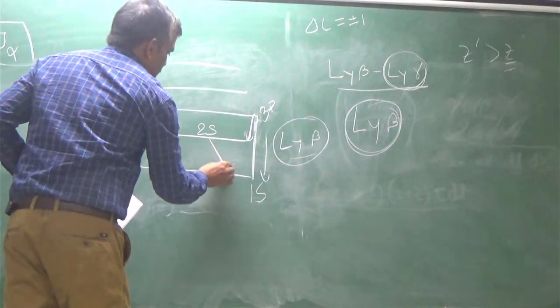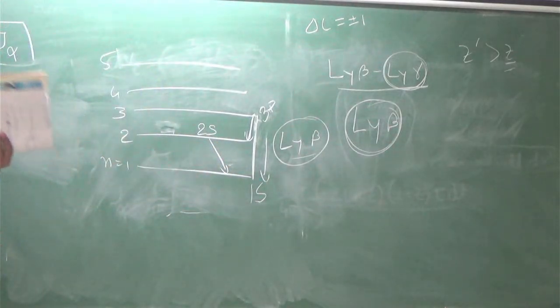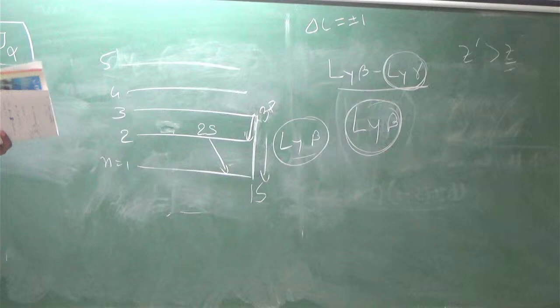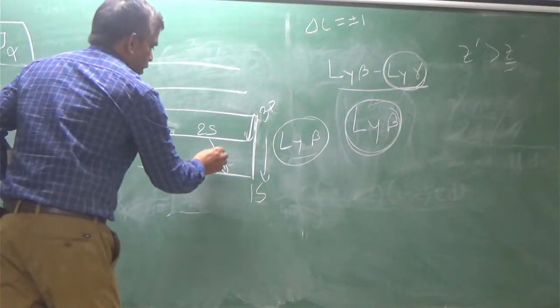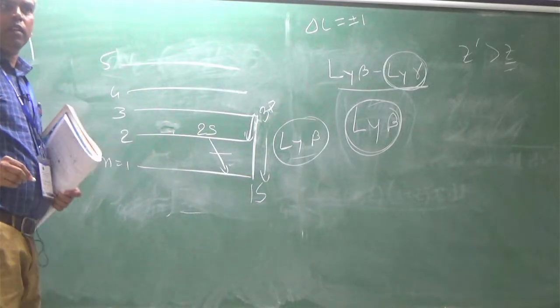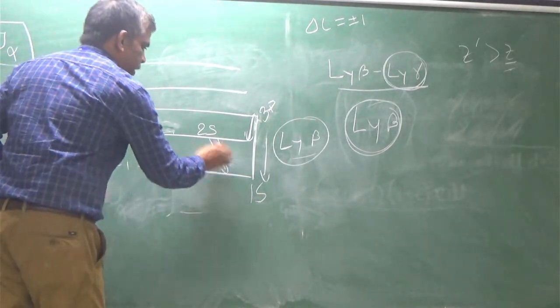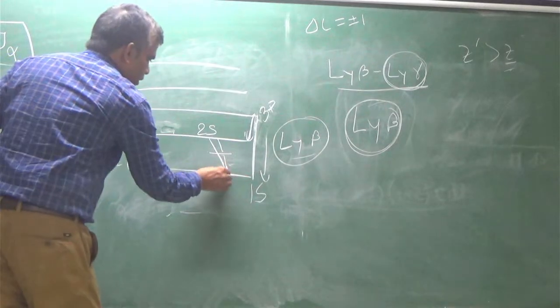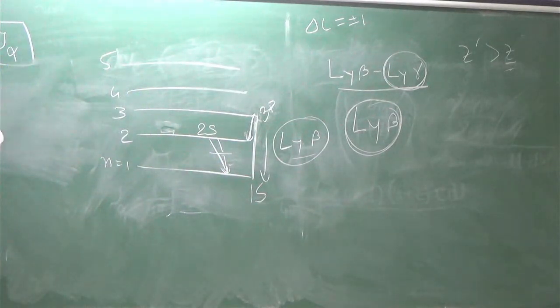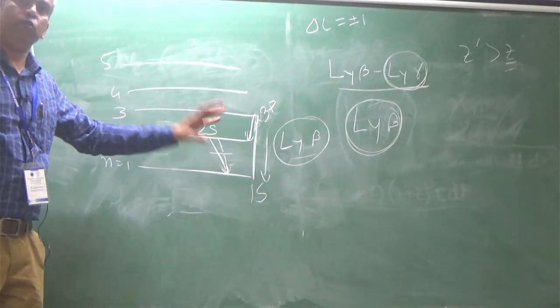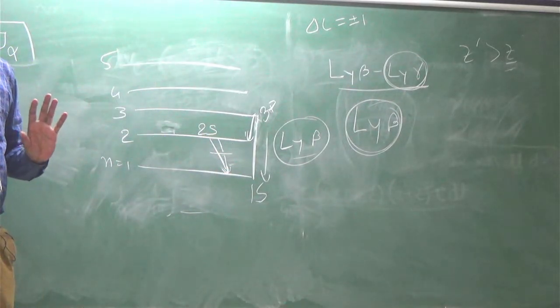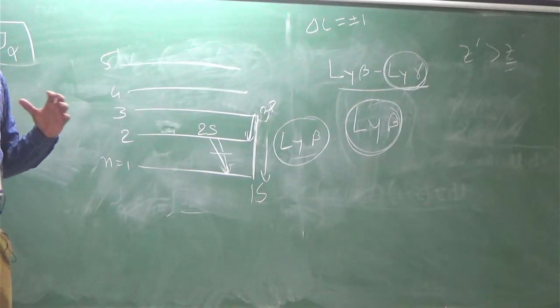So this transition 2s to 1s is kind of forbidden. But there is one possibility which is called two photon decay. Extremely low probability, that there will be some metastable state and the atom will jump to that metastable state first and then to 1s state. But that will not produce Lyman alpha. That photon will be gone from the system. It will not contribute to Lyman alpha.